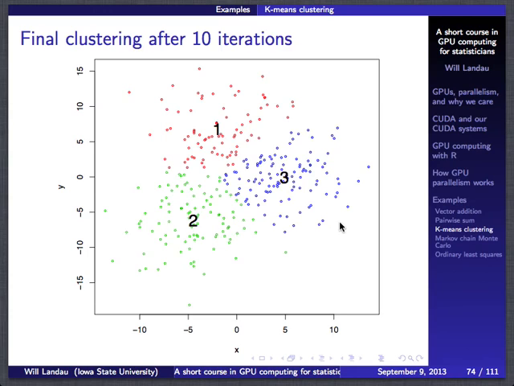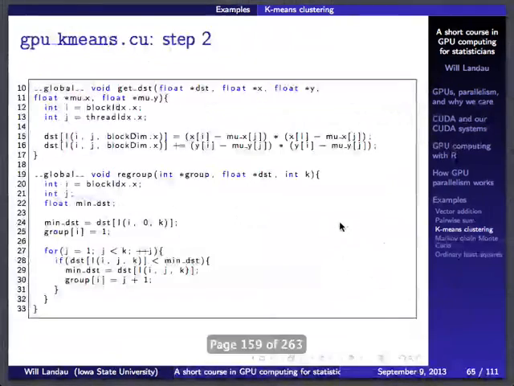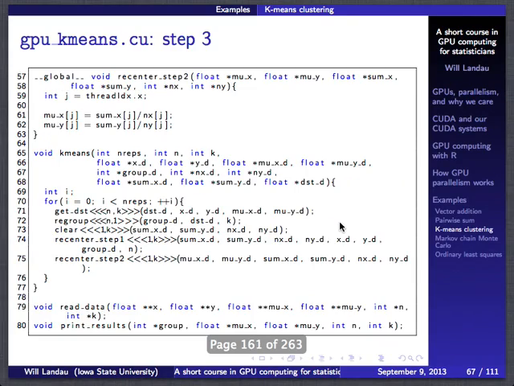Well, actually, the number of threads and the number of blocks doesn't change from iteration to iteration, because they're always n points in k clusters. Let's go back to the k-means function.